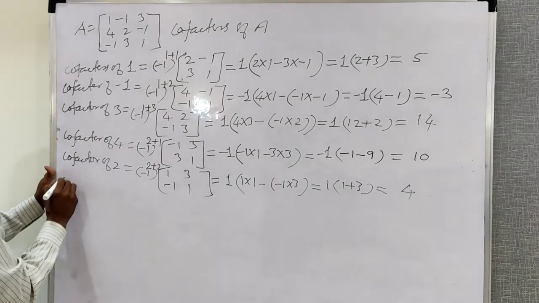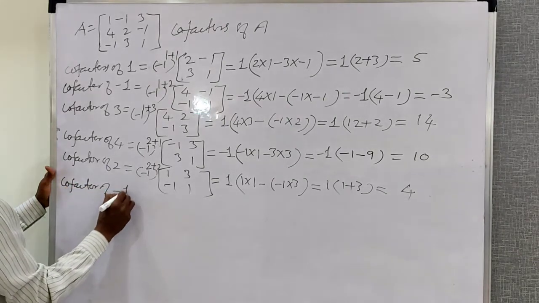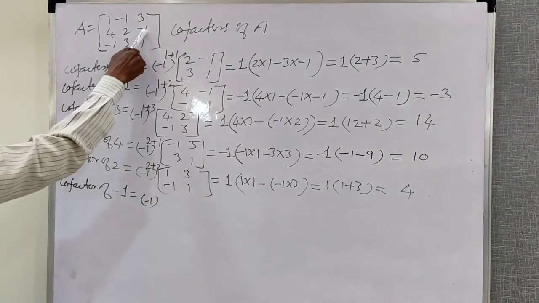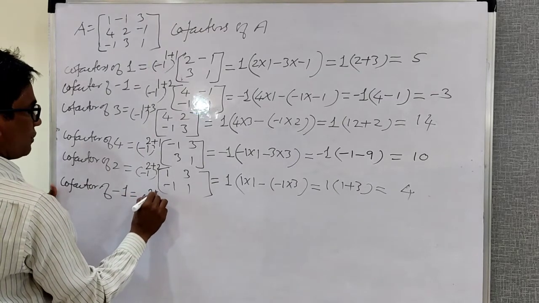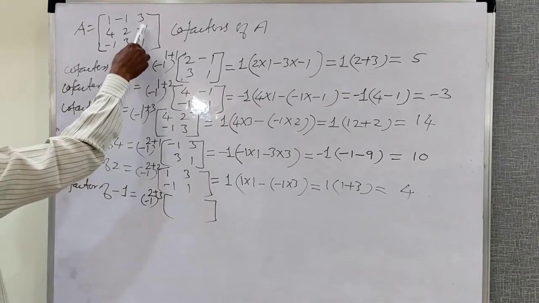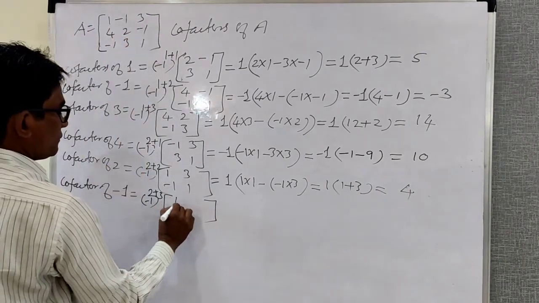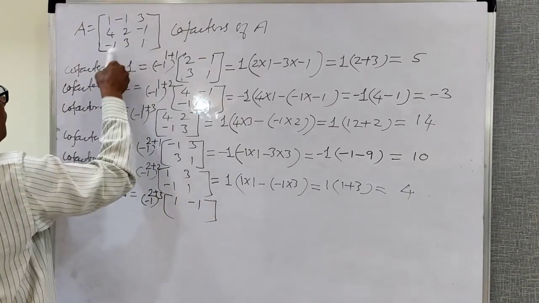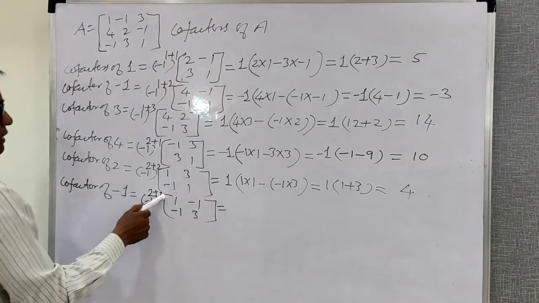Cofactor of minus 1, which is equal to minus 1. This minus 1 comes in second row, third column, and the cofactors are 1 minus 1, minus 1 3, which is equal to 2 plus 3 is 5.